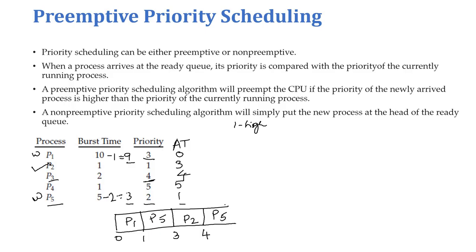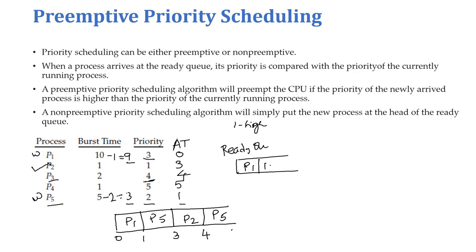P5 executes for 1 millisecond, and at the time of 5 one more process is coming. I will make the ready queue here so you can easily understand who is waiting for execution. P1 is in the ready queue, and P5 is also in the ready queue.